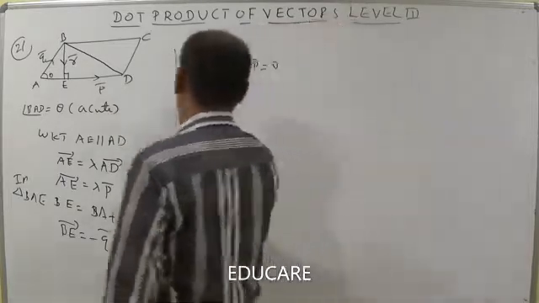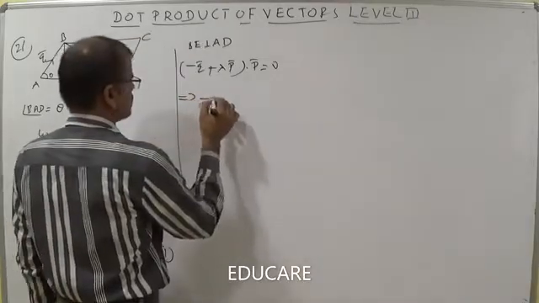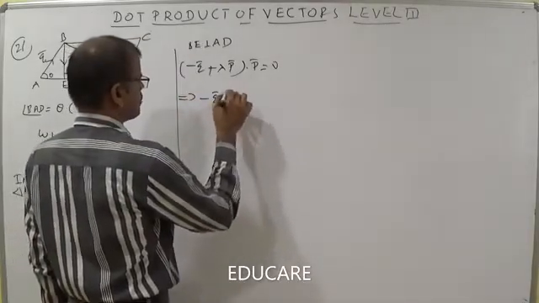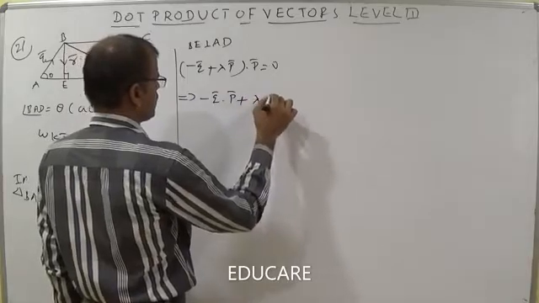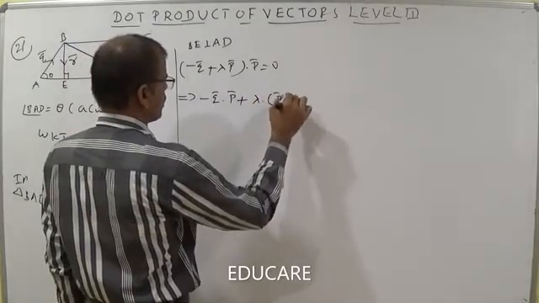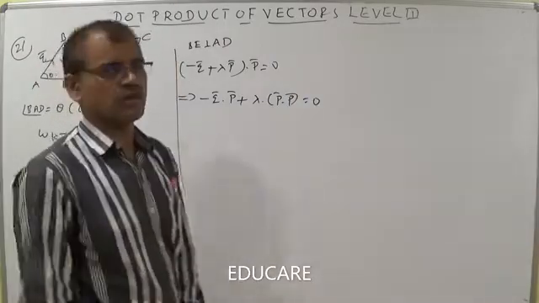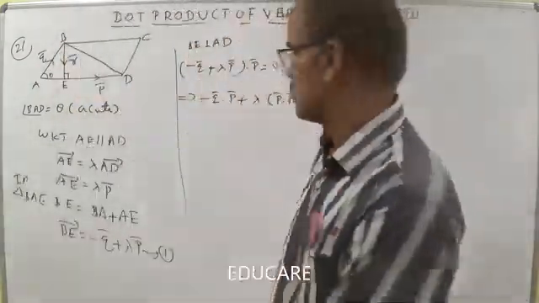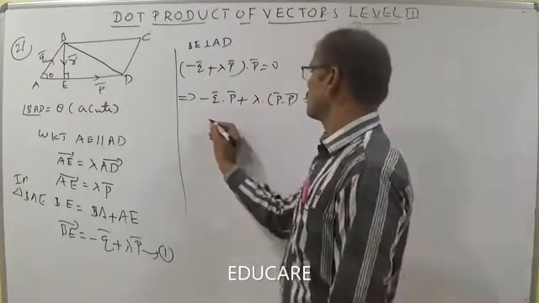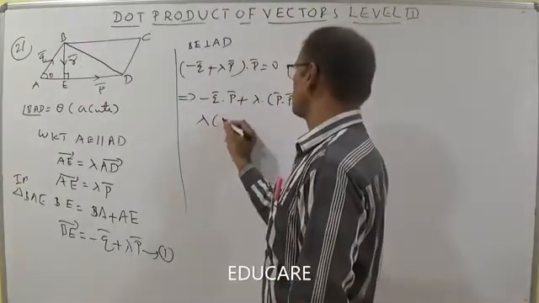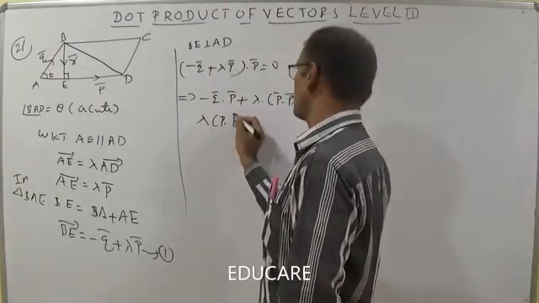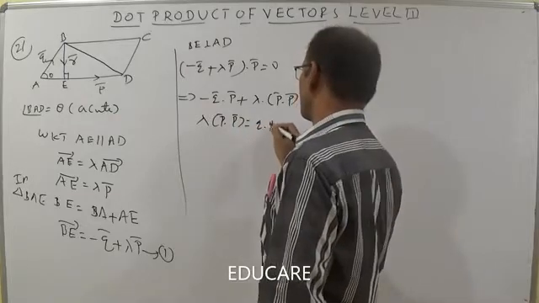That implies minus Q bar dot P bar plus lambda into P bar dot P bar equals 0. We can write P bar mod squared also, but according to the option I am writing P bar dot P bar simply. So lambda into P bar dot P bar is equal to Q bar dot P bar.